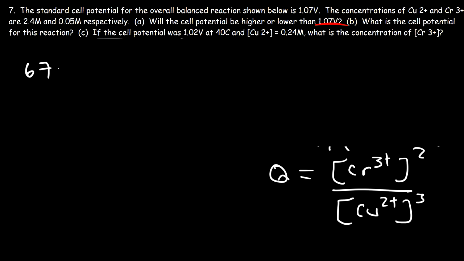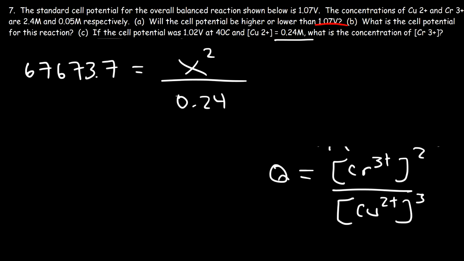So this is Q, and that's equal to chromium 3 plus squared, which at this point we can call x squared, since that's what we're looking for, over the concentration of copper, which is 0.24, and that's raised to the third power.